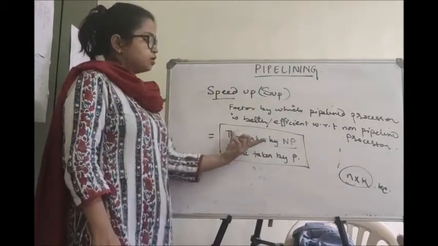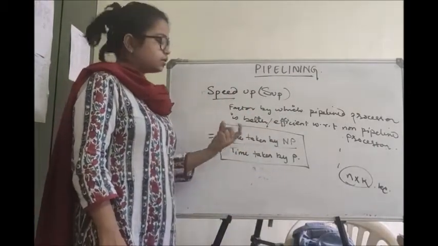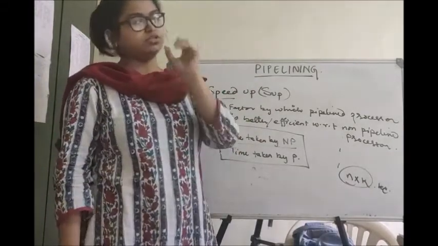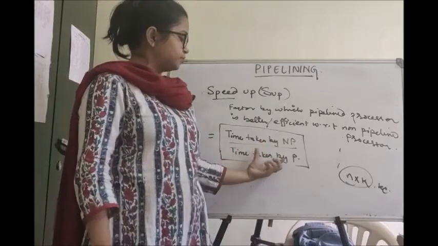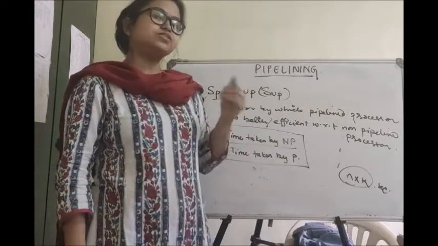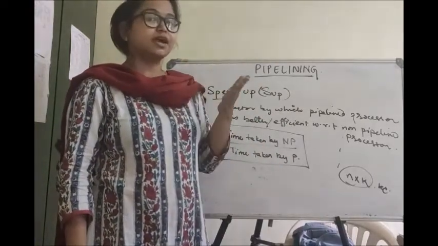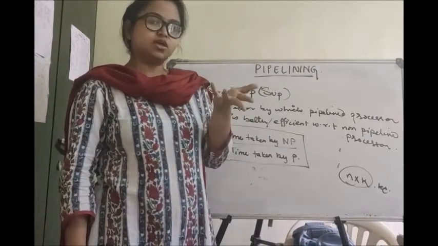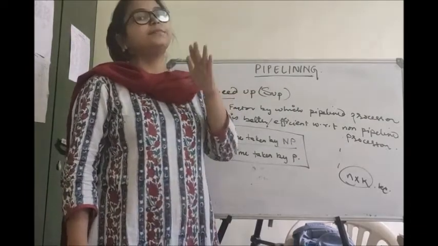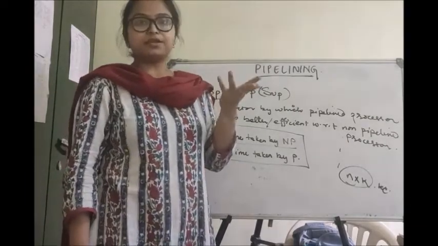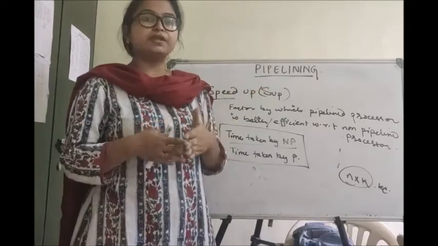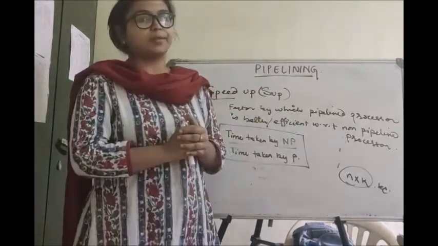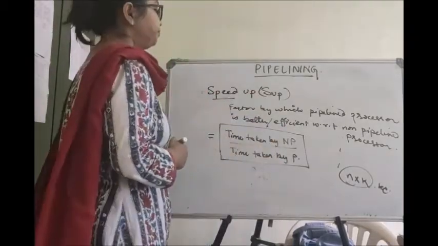Suppose the time taken by the non-pipeline structure is 1000 seconds, and the time taken by the pipeline structure is 100 seconds. By how many times is it performing better? 10 times, because 100 into 10 is 1000. So the pipeline structure is performing 10 times better. You got the idea.